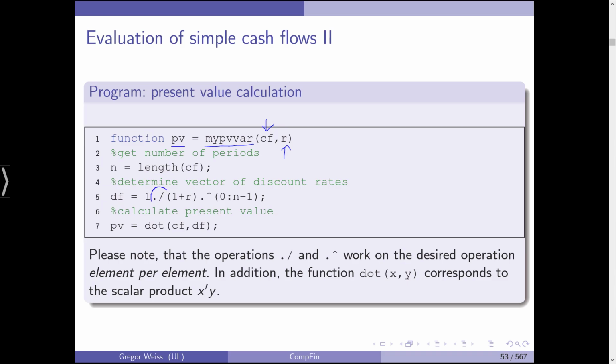So all of these elements of this vector are divided by 1 plus r element-wise and not the scalar product. This is why we're not using hat or slash, but we are using dot slash and dot hat. And then dot, on the other hand, is the scalar product, and we just take the vector CF and the vector of discount factors, and this will give us the present value.